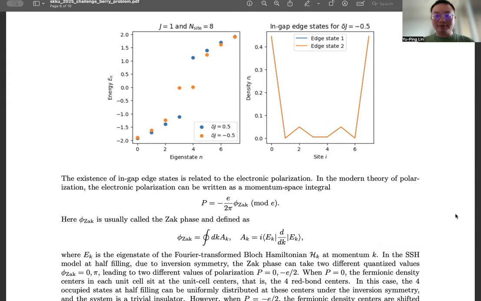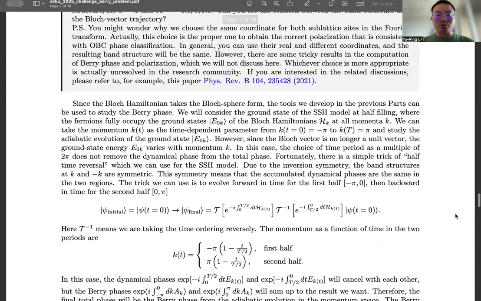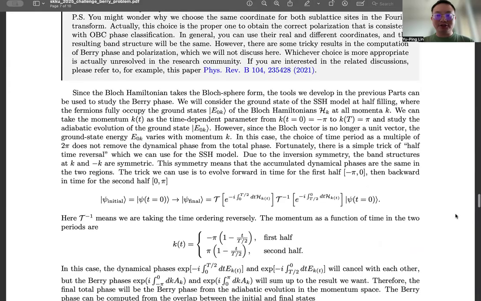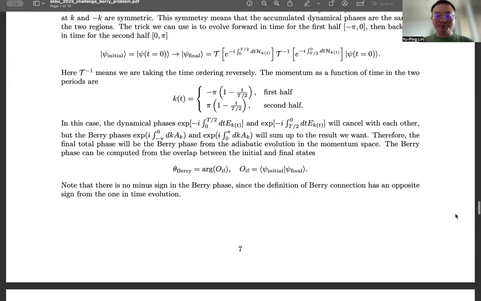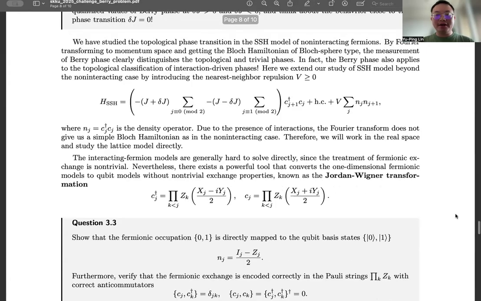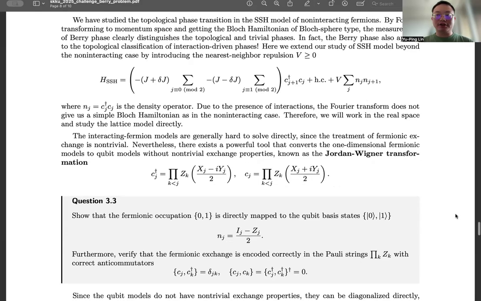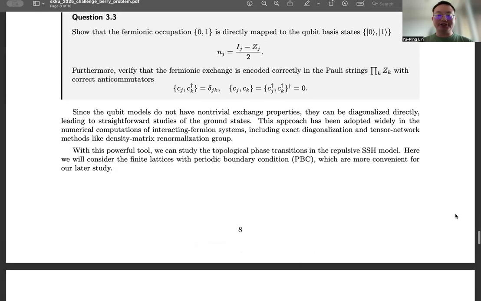So questions 1 and 2 are for the non-interacting SSH model. In fact, we can also study the SSH model where there is interaction. So here we will introduce the nearest neighbor repulsion to the SSH model and think about how we can measure the Berry phase and compute the topological phase transitions.